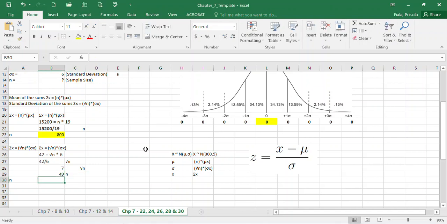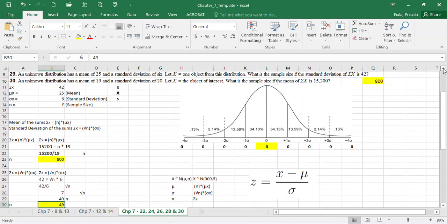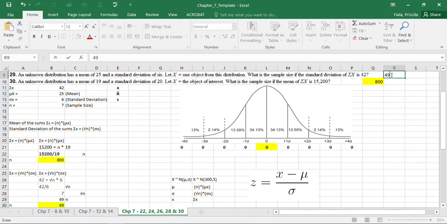Therefore, n is equal to 49. So my sample size for problem 29 would be 49. And that's how I solve problems 29 and 30. Thank you.